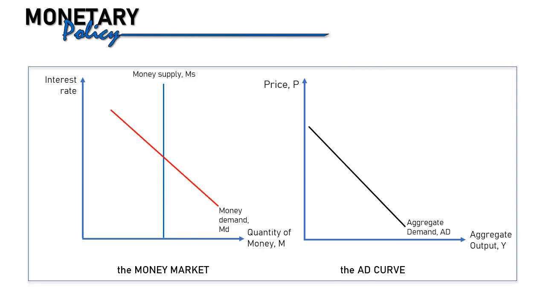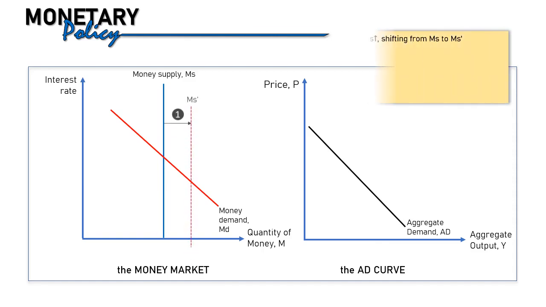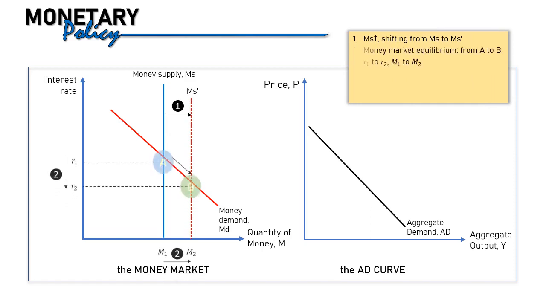Now, what if monetary policy is adopted? Monetary expansion policy increases money supply. Higher money supply shifts the MS curve to the right, from MS to MS prime. Now we have excess money supply that leads to the new equilibrium at B, at lower equilibrium interest rate and higher quantity of money.